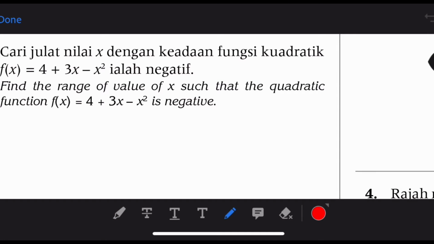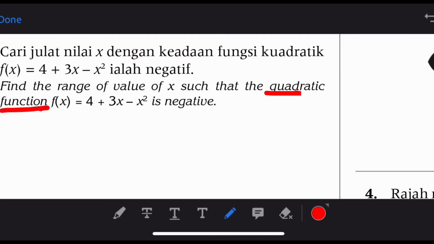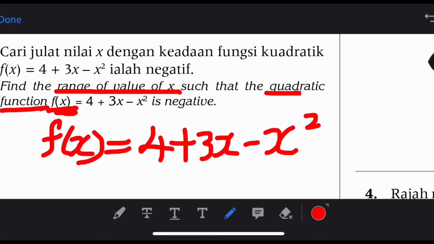Now let's see number 2, the function. Find the range of values of x such that the quadratic function, this is not an equation, it's a function, right? Quadratic function and equation are totally different. For a function, this f(x), you cannot make it 0. It's an unknown value, and it is a subject.